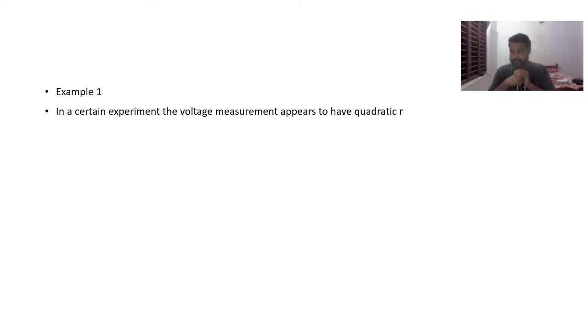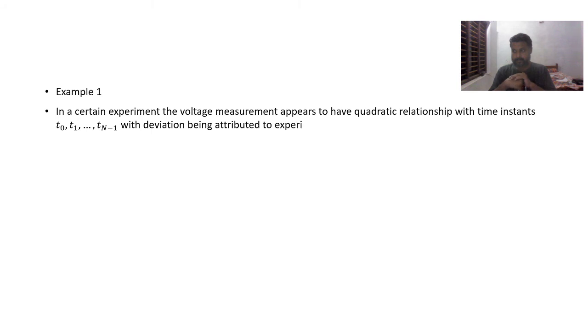That is, in a certain experiment, the voltage measurement appears to have a quadratic relationship with the time instances t0, t1, etc. up to t(n-1), with the deviation being attributed to experimental error or noise.